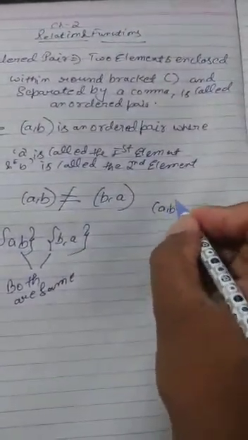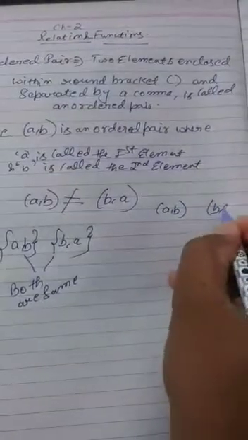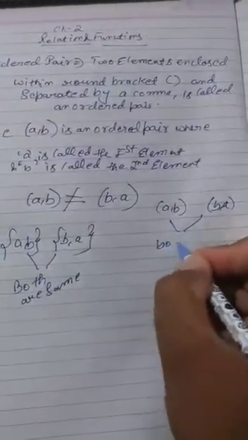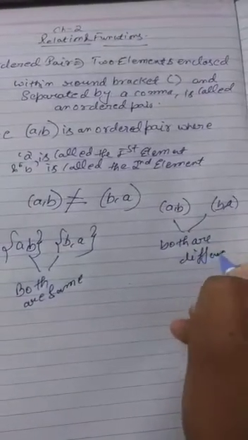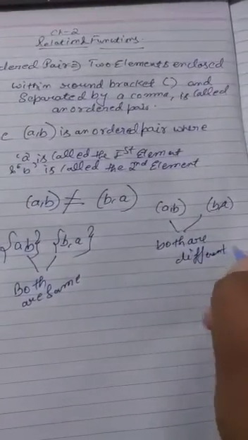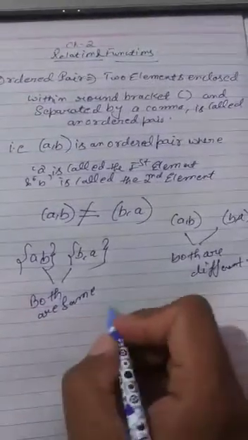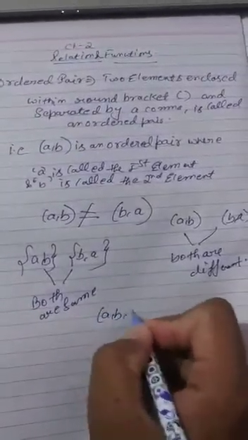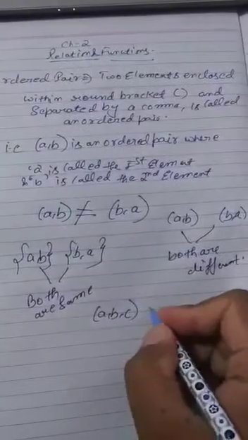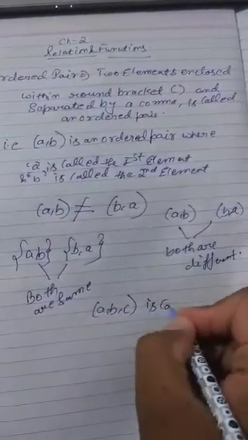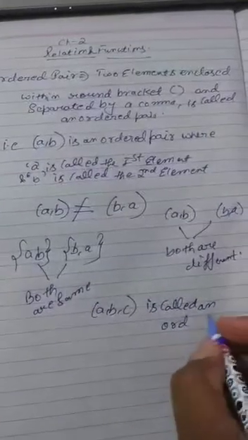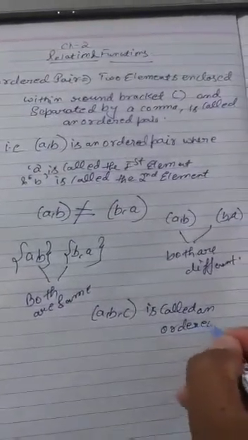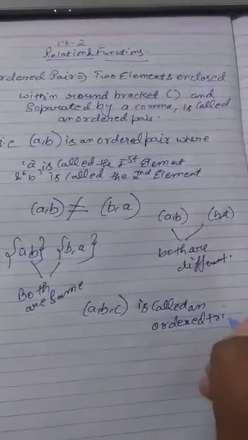So A comma B and B comma A are different. And if A comma B comma C is there, it is called an ordered triplet. If three different variables are there, it is called ordered triplets.